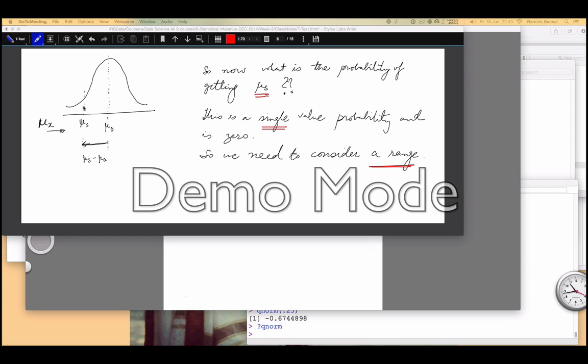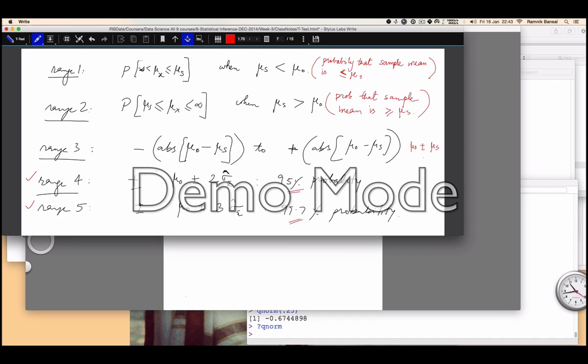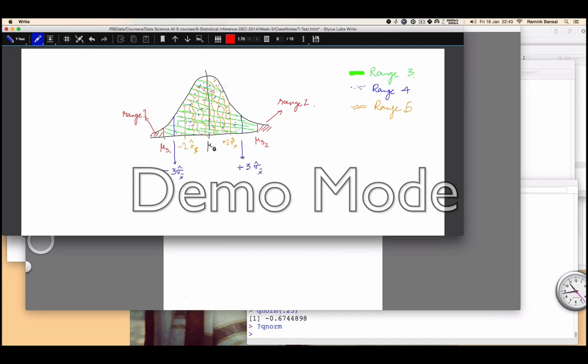So I can divide this into different regions. Let's look at it this way. Let's say this is my range 1. Okay. This is my range 2. All right. Then I'm saying that range 3 is anything which is not range 1 and range 2, given by the green area. Can you see this? Okay.